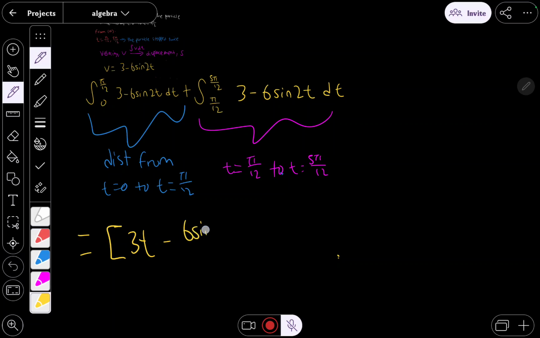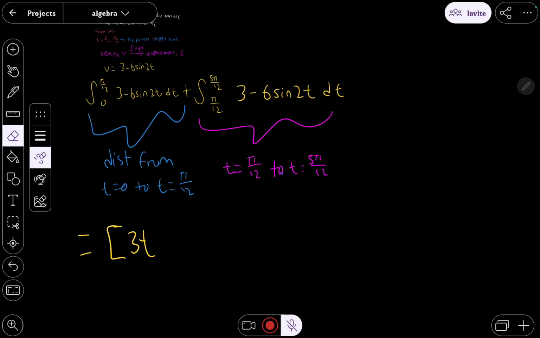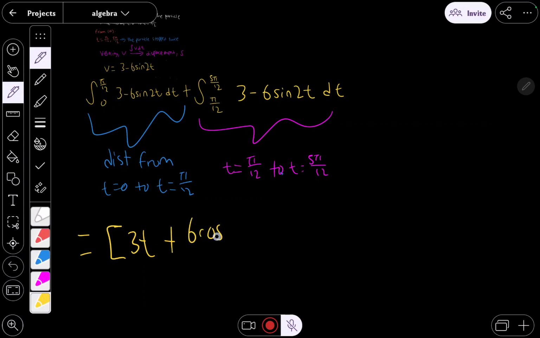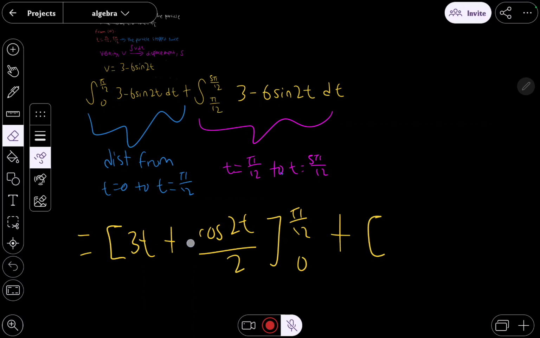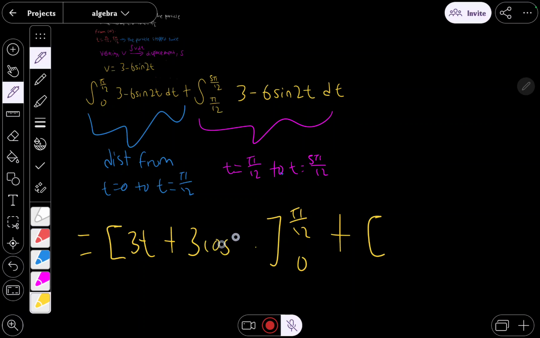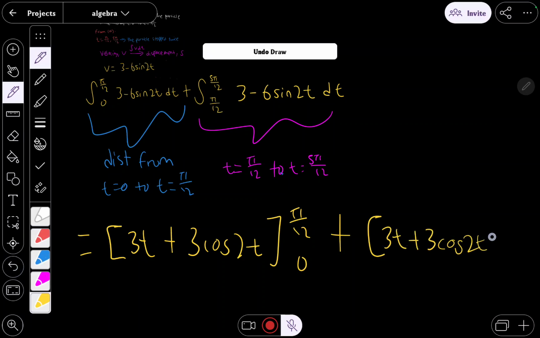Integrate sine, you get negative cosine, but negative times negative is positive, so positive 6 cosine 2t over 2, from 0 to pi over 12, plus the same thing. Simplifying, 6 cosine 2t over 2 is the same as 3 cosine 2t. Plus the same thing again: 3t plus 3 cosine 2t, from pi over 12 to 5 pi over 12.